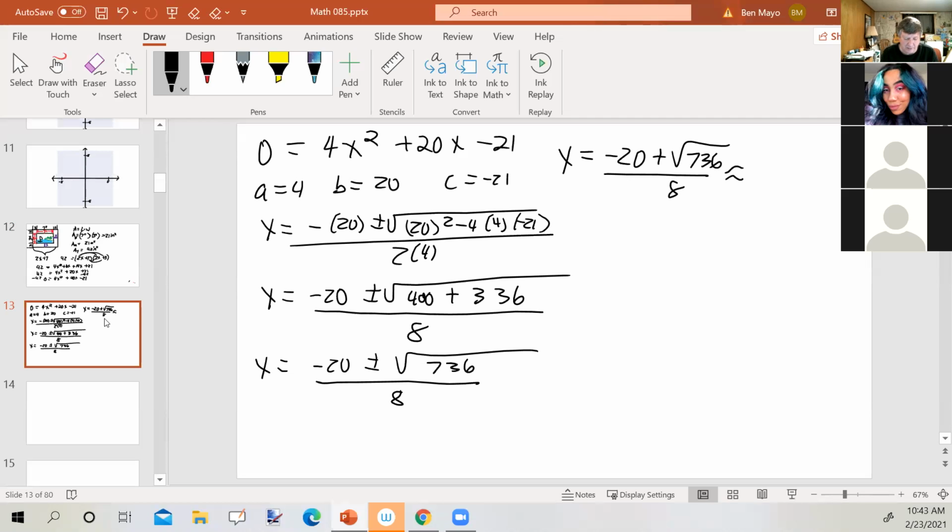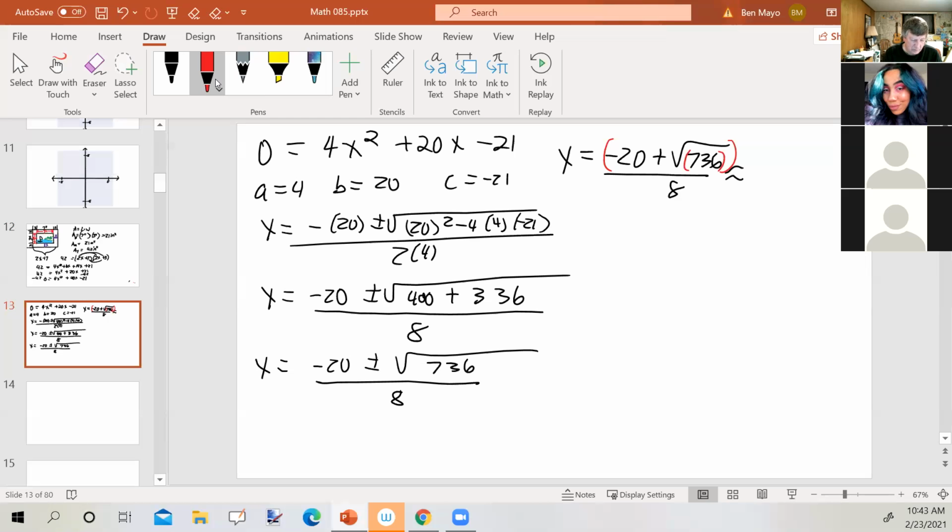Again, I've got to use parentheses around the whole numerator and around the radicand. So parentheses, negative 20 plus the square root of 736, close that up, close up the entire numerator, divided by 8.